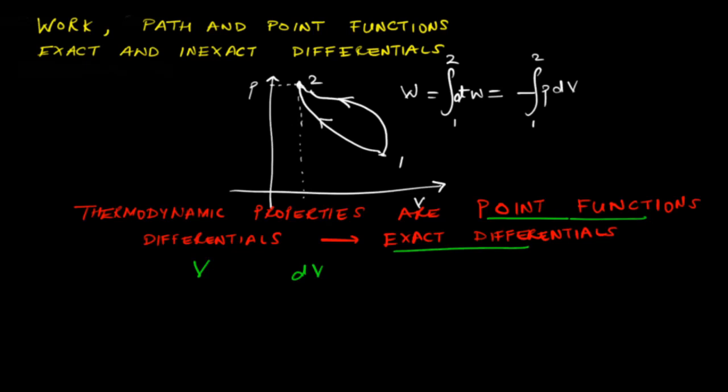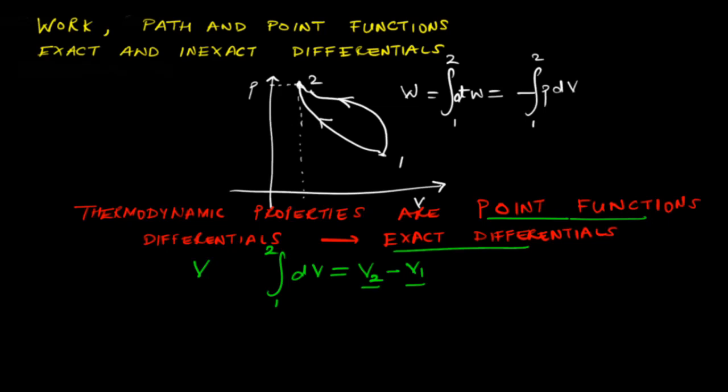If we integrate an exact differential from one state to the other, you will get the change in that thermodynamic property, which in this case is volume. So you will get the change V2 minus V1 that depends only on the terminal states V1 and V2 and not on the path that has been taken by the system to go from state 1 to state 2. And this is a property of a point function.